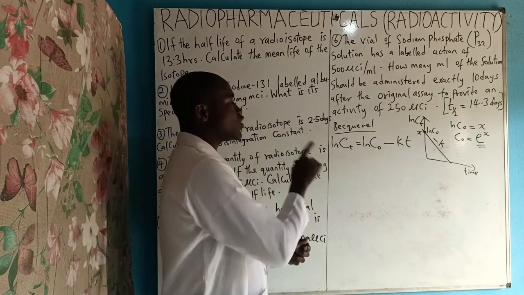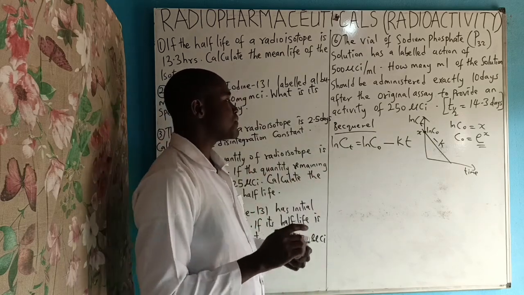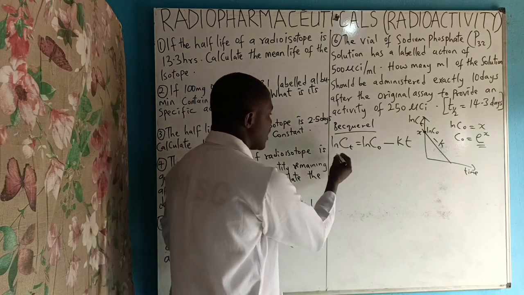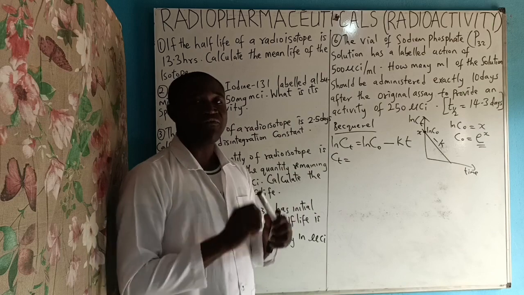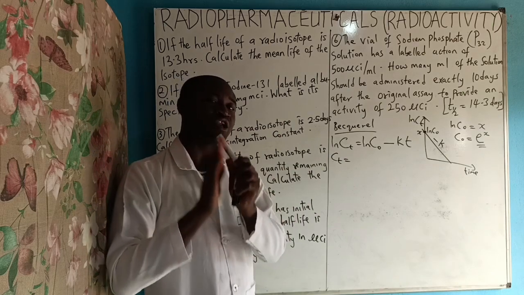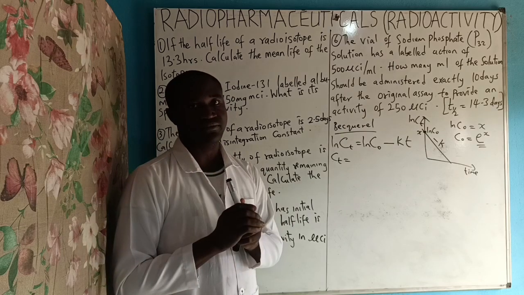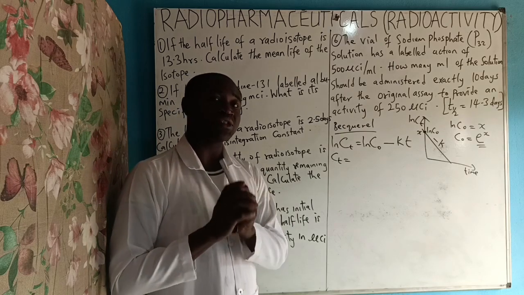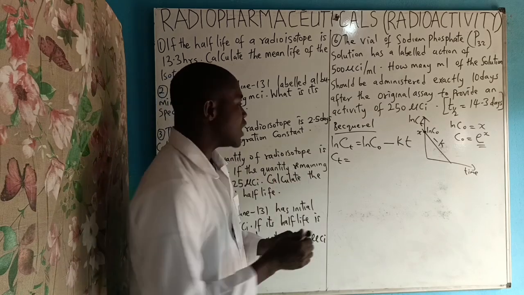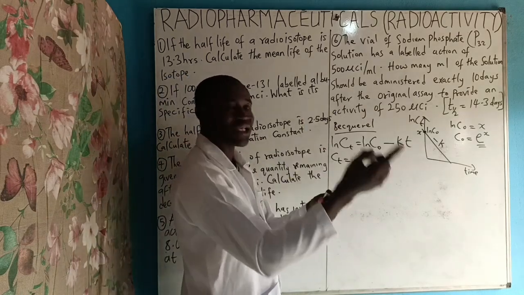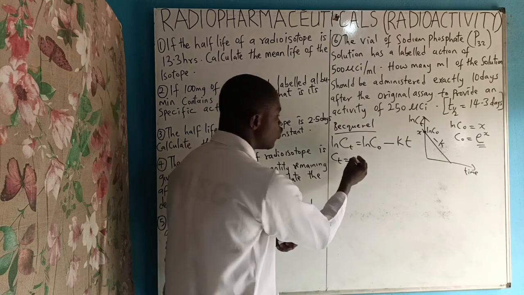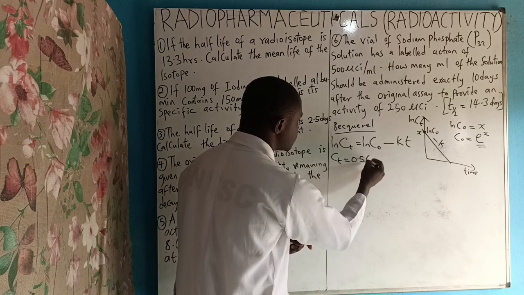From the first order reaction equation, we noted the half-life. Half-life simply means the time it will take 50% of that radiopharmaceutical product to decay, or the time it will take that radiopharmaceutical product to decay to its half. And so Ct, decaying to half of the initial concentration, means that Ct will be equal to 0.5 C0.